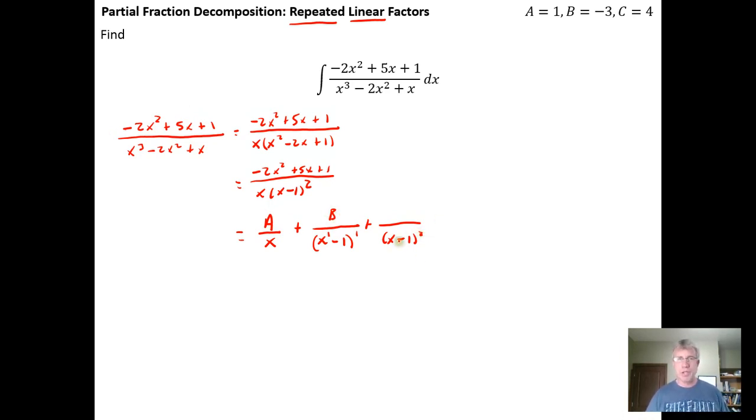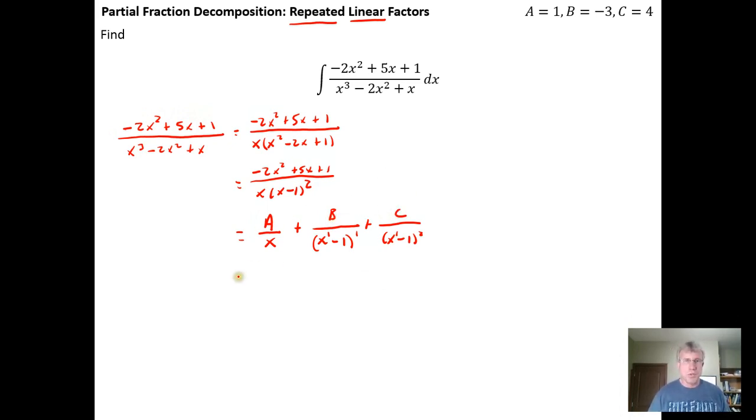And this is being squared, but it is still a first degree binomial that's being squared. So it's a linear factor that's being squared. So we still wind up assuming that it's just a real number or a constant. In subsequent videos, we'll look at situations where we have to have something other than a constant in the numerator.